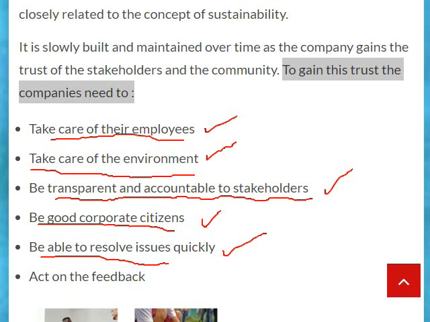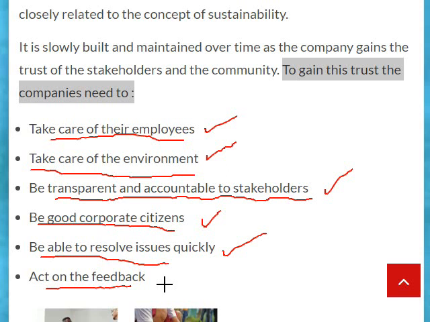So it is advised that you react quickly towards whatever issues have come up and try to resolve them fairly, honestly. The last one is act on the feedback. This is also important, as you might have guessed already, to establish trust. Take your example. If you are dealing with a company and you face some issue, and you give them feedback that this thing is not working out for me, or this is something you need to rectify.